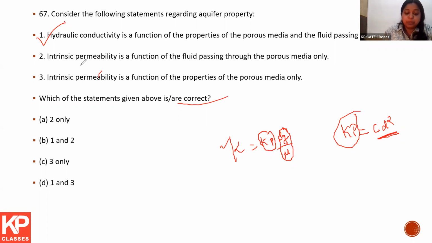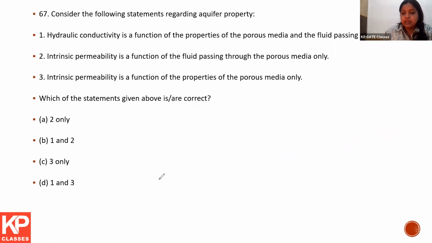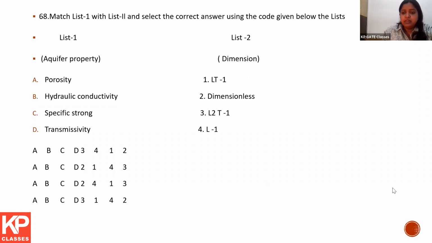So option number 2, intrinsic permeability is a function of fluid passing through the porous media, no, it is not. Intrinsic permeability is a function of the properties of porous media only. So that is the right option. So 1 and 3 are the correct option. Okay. So this is not a direct question. If you know what hydraulic conductivity and intrinsic permeability are, you will get the answer. Let's go to the next question.